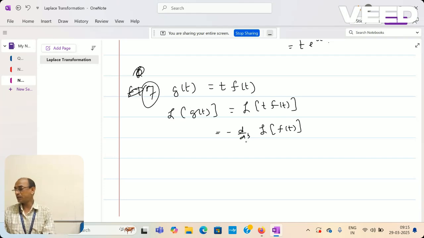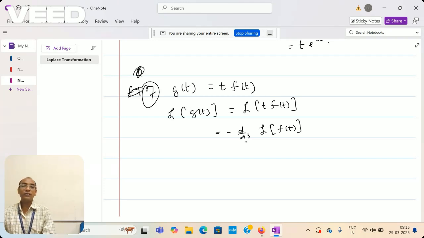That will give you the Laplace transformation of t into f of t.